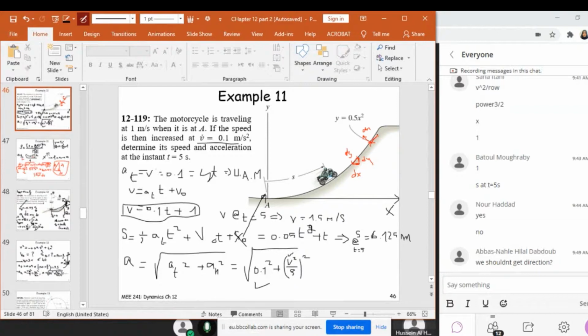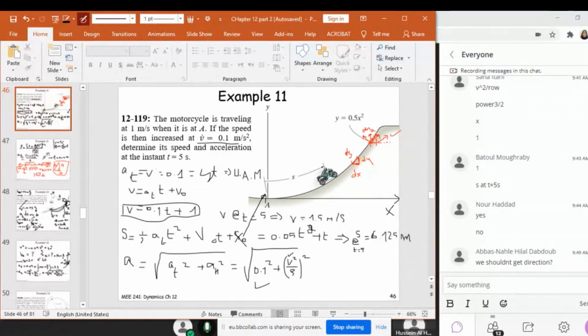All right. Then you have to indicate an angle, so let's say this is A. You can indicate an angle and then you can do tangent alpha. And by the way, you can also find the angle between this AT and the x-axis, because this angle is the derivative of this equation. Okay, so you can also find this angle, because I know the equation.